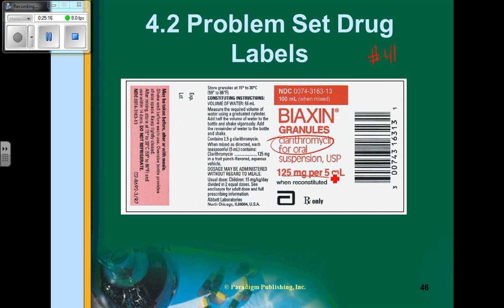So question A would be, how many milliliters will the patient take daily? What we need to do here is figure out the daily dose in milliliters. You have 2 teaspoons.